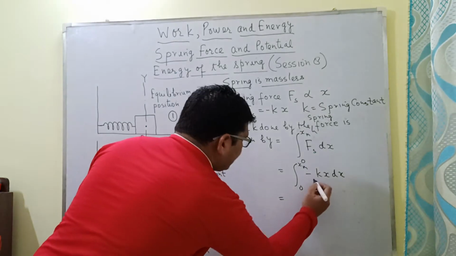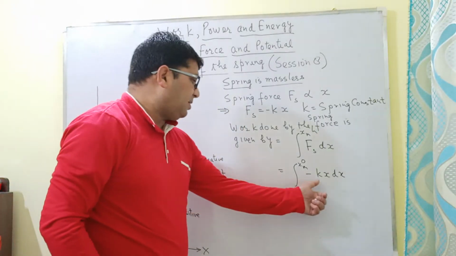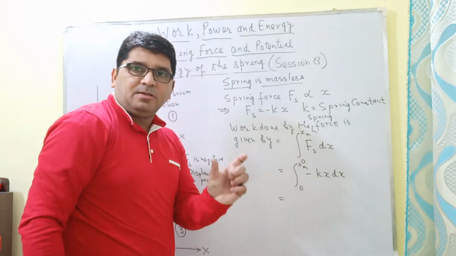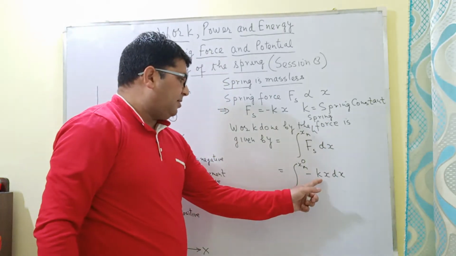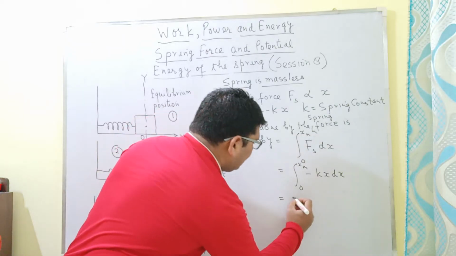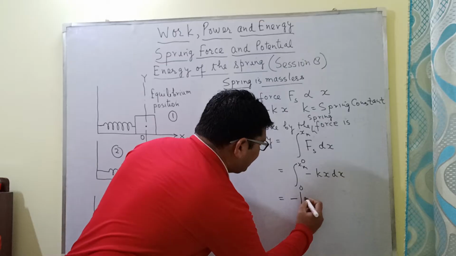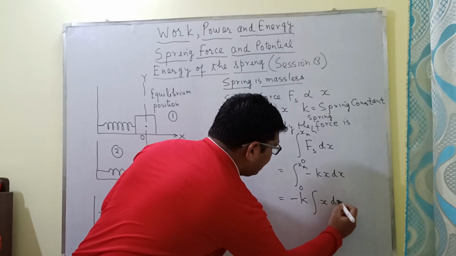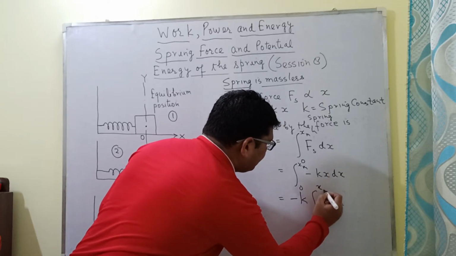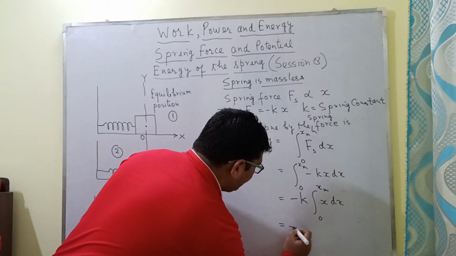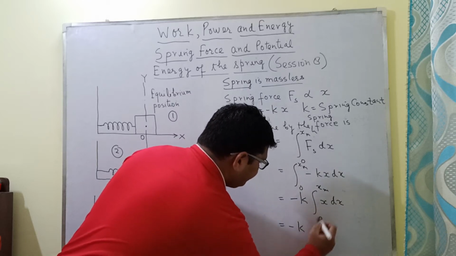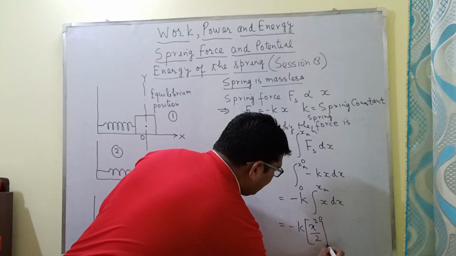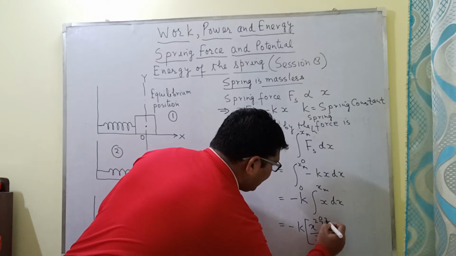Now this k is the spring constant, which is a constant value for a particular spring. So I will write minus k outside, and I will be integrating x dx from 0 to xm. This will be equal to minus k times x square by 2, from 0 to xm.